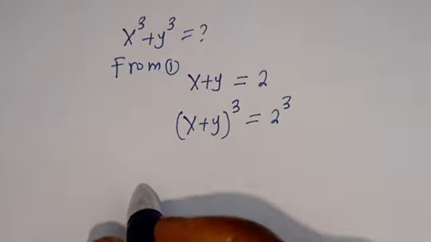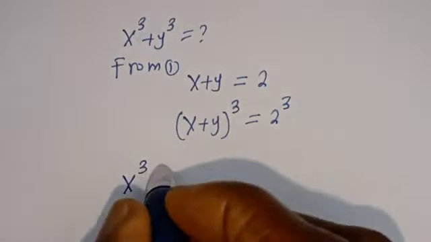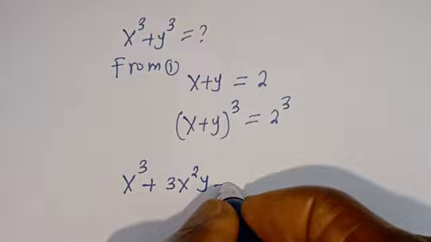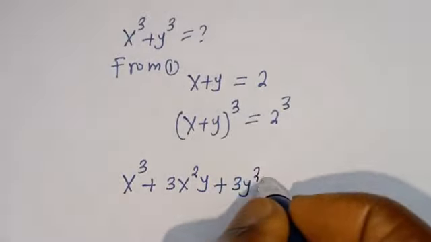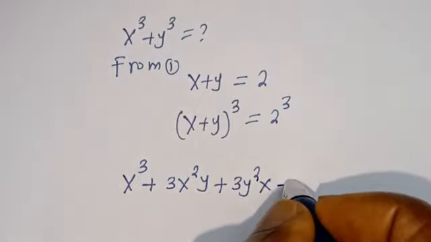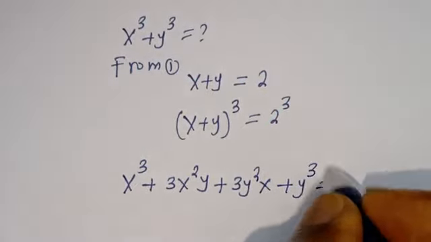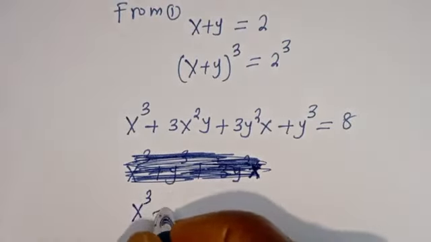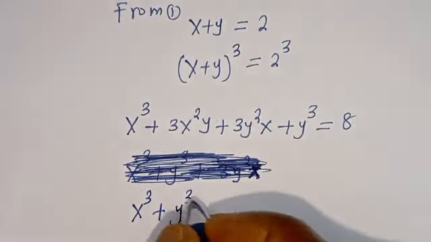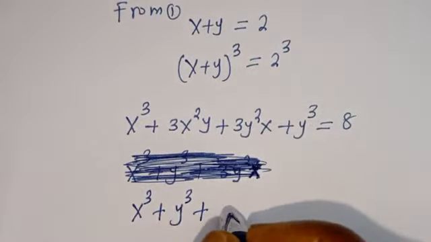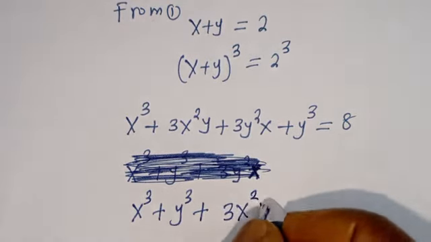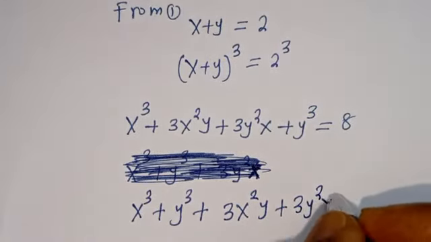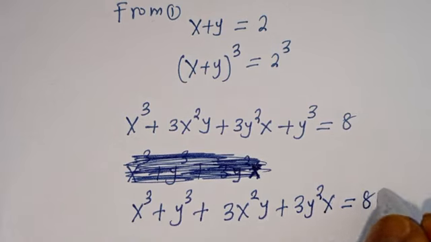Then if you expand this, we have x to the power of 3 plus 3x square y plus 3y square x plus y to the power of 3 is equal to 2 to the power of 3, that is 8.